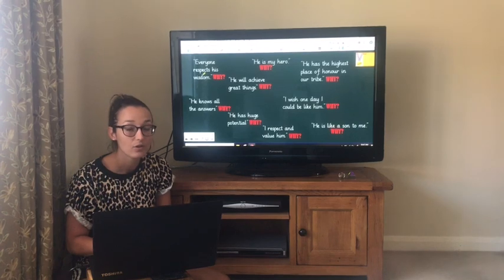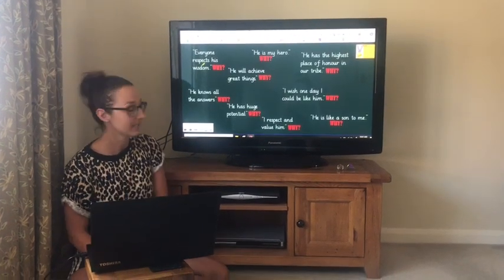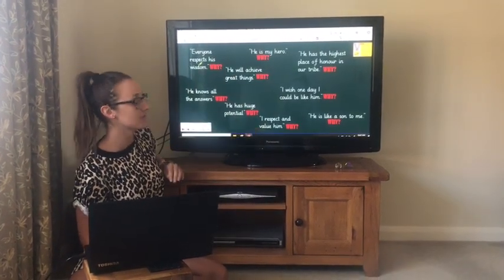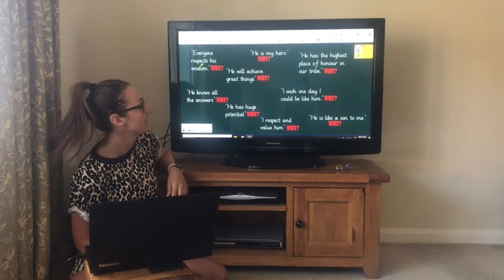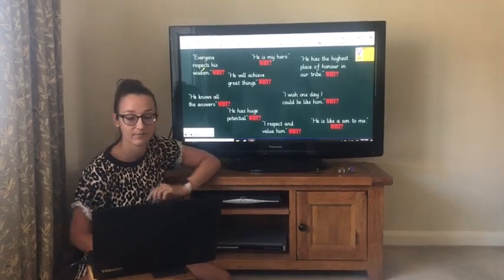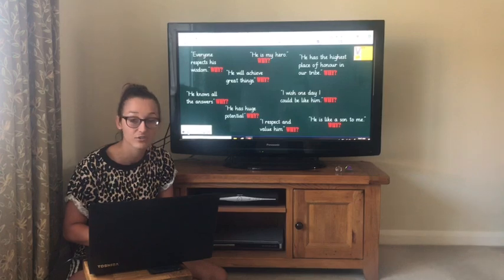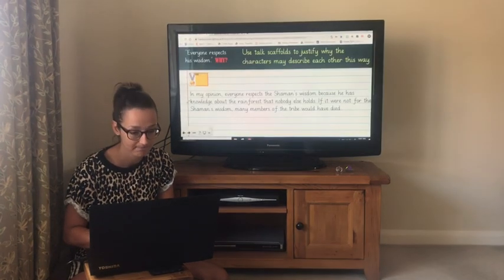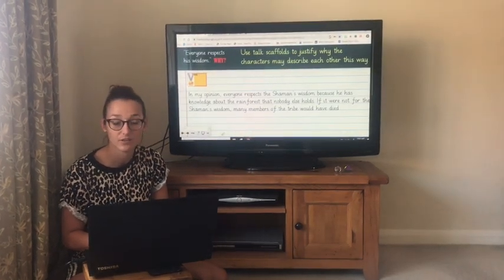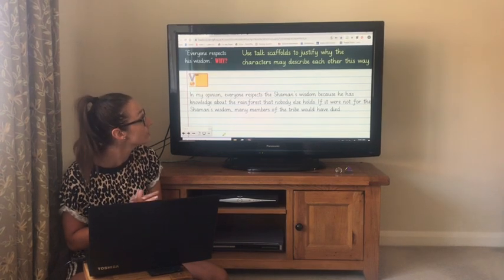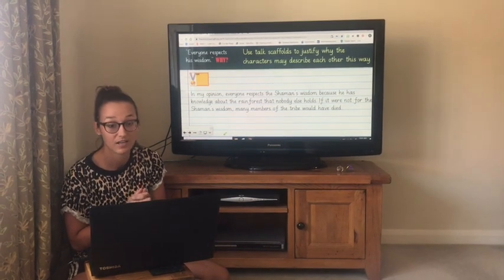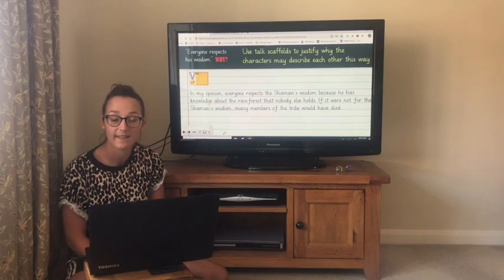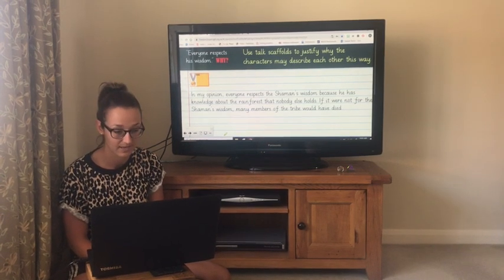Okay, for gold, you've got the exact same quotes, but each one has a question of saying why. So why is he my hero? So gold is going to be all about justifying your answers. What I've done here for you is an example, and you're going to be using the talk scaffolds that you can remember from the classroom to justify why the characters may describe each other in this way.